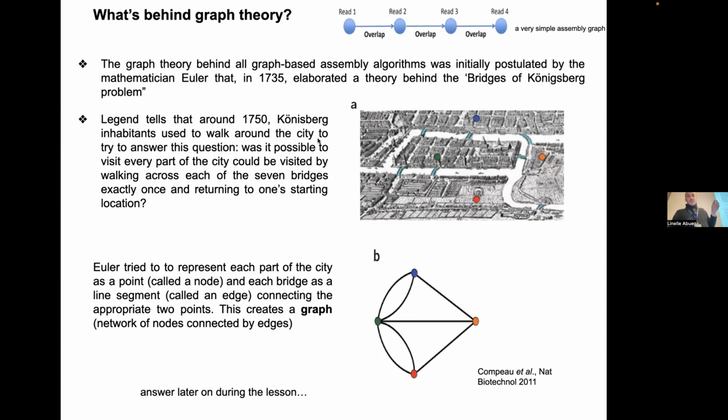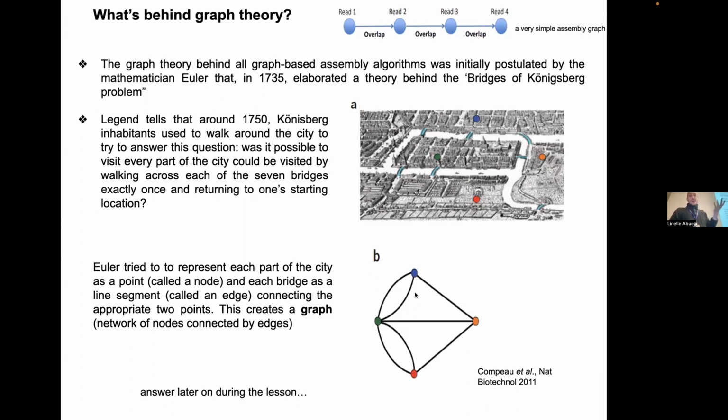Here you have the city with multiple bridges and different areas of the city. And the question was essentially, if you want to walk around the city, is it possible to visit every part of the city, walking through these bridges, but crossing each bridge exactly once and returning to the starting location? So that was the idea.